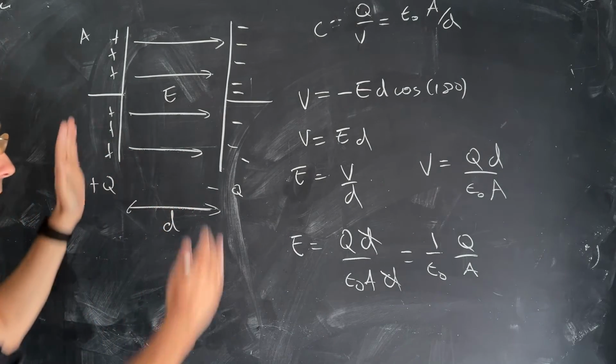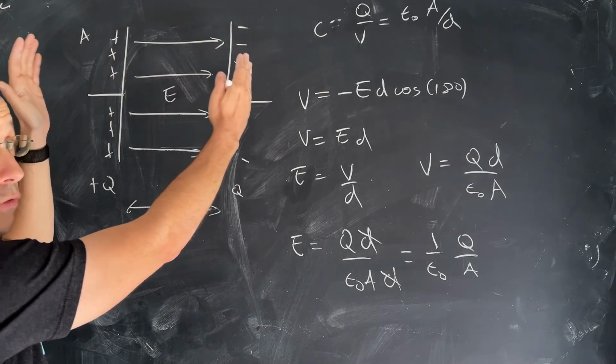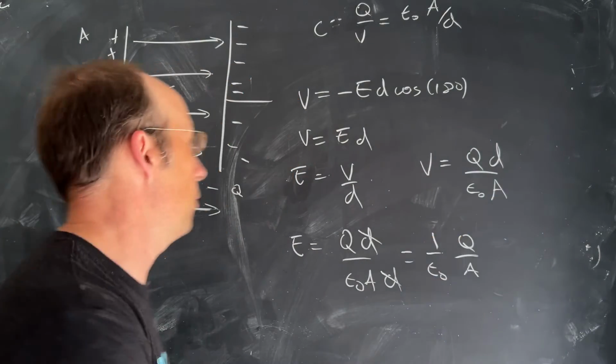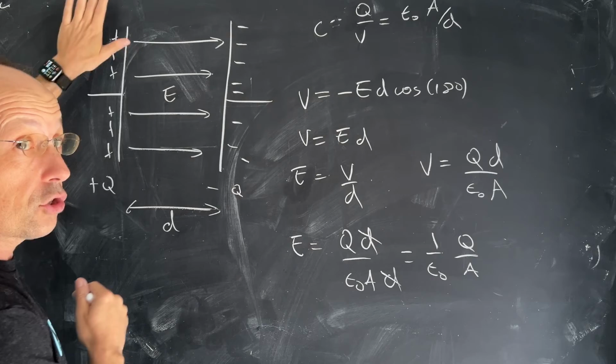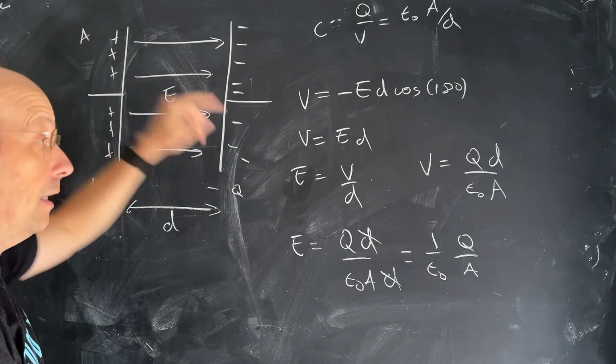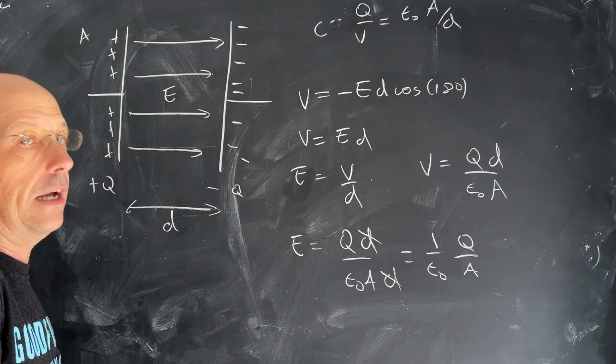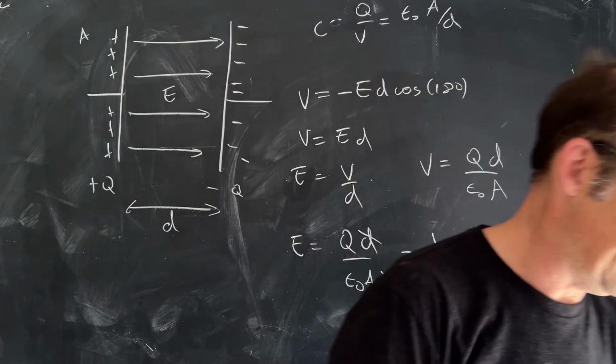It doesn't depend on the distance. If I move these further apart, that electric field stays the same, as long as they're relatively close. If you get them really far apart, it doesn't really work. It depends on the charge and the area. And then there's that epsilon naught again. Okay, so we're going to use that if we need to find the electric field inside of a parallel plate capacitor.